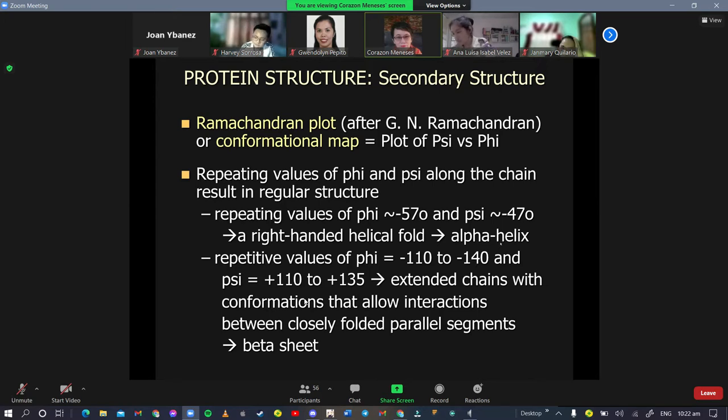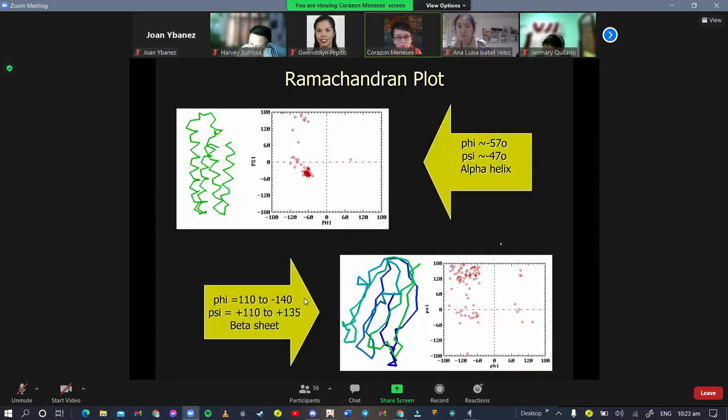So depending on the value, he will be able to predict whether this is an alpha helix or a beta sheet. I don't expect you to memorize the numbers, okay? So basing on the range or the common values observed, he can plot it out and predict that the predominant secondary structure is either alpha helix or beta sheet.